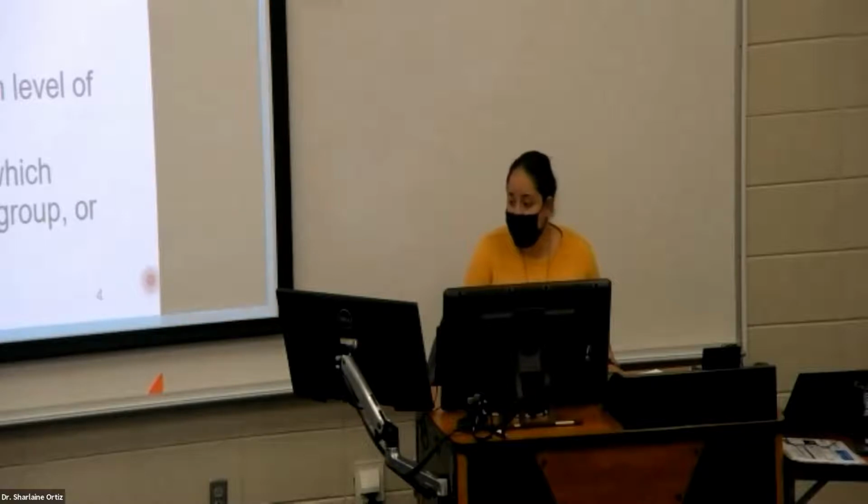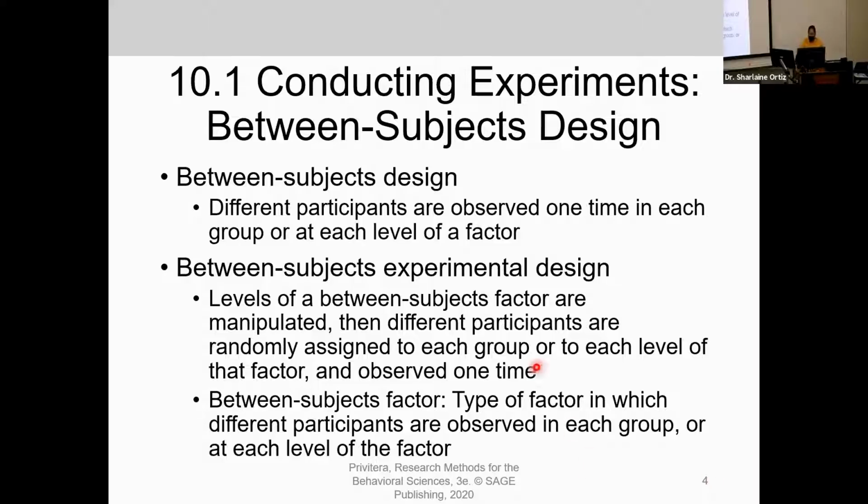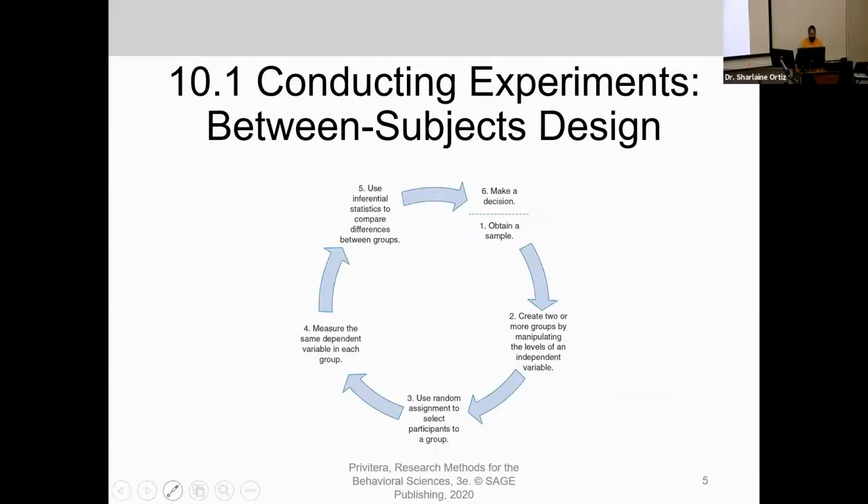Fantastic. So let's revert back to our slide. Notice that one of the processes that we have to do, and this is a really nice illustration of how that would look, these are the steps that we would utilize in order to develop a between subjects design.